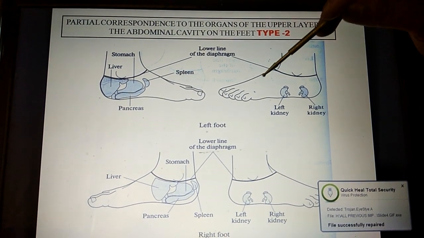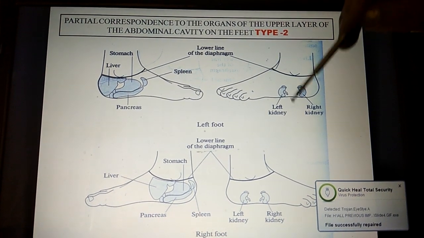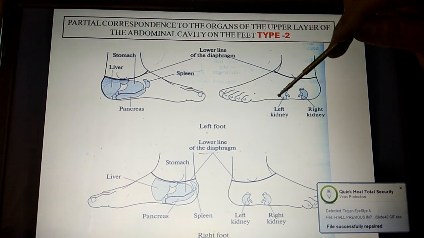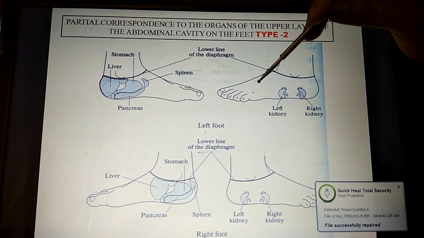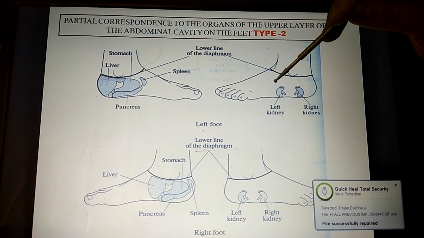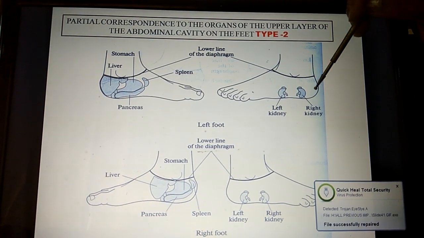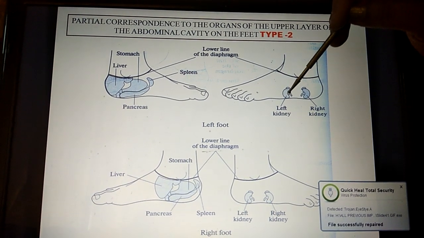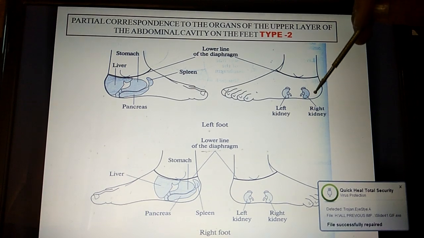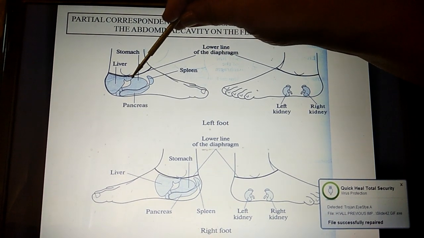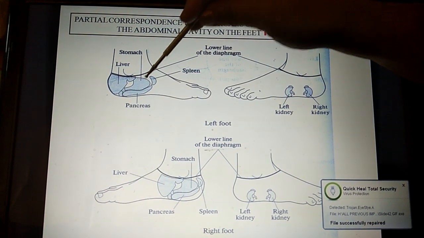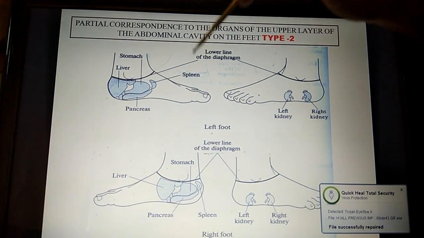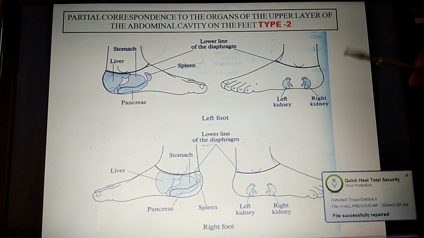The outer side or yang surface of the foot corresponds to the upper side of the back and also the kidneys. So in this you can search for a painful point here, and here, for stomach or liver. This is according to the type 2 heel correspondence system.